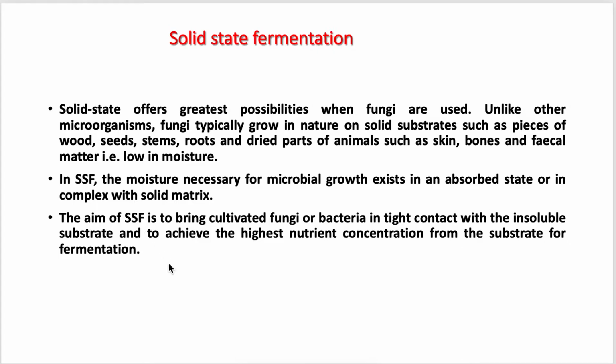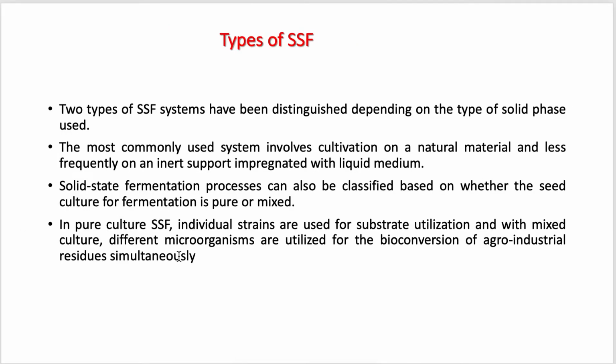The aim of solid state fermentation is to bring cultivated fungi or bacteria in tight contact with the insoluble substrate and to achieve the highest nutrient concentration from the substrate for fermentation. There are basically two types of SSF systems, distinguished depending on the type of solid phase used.